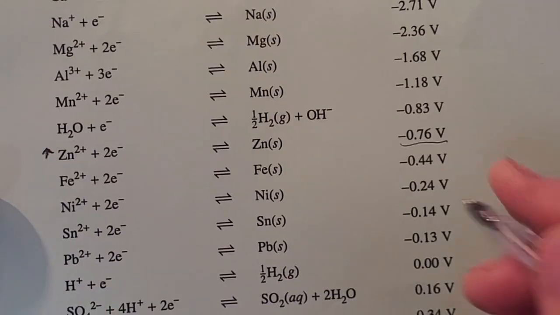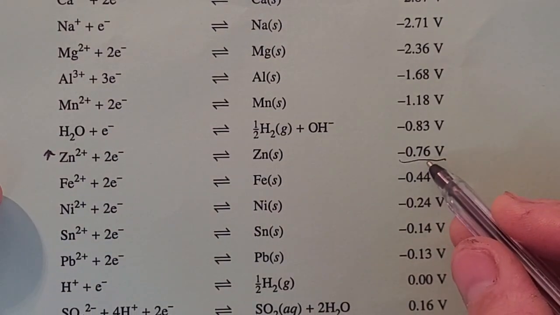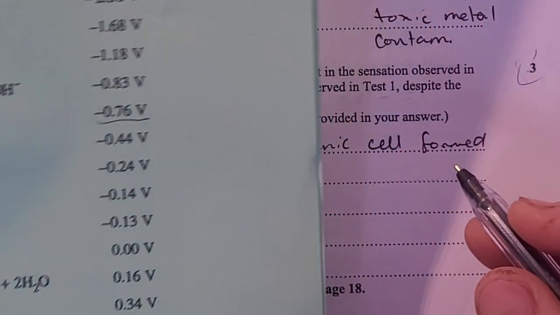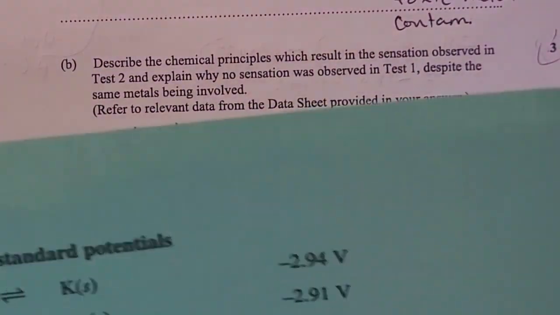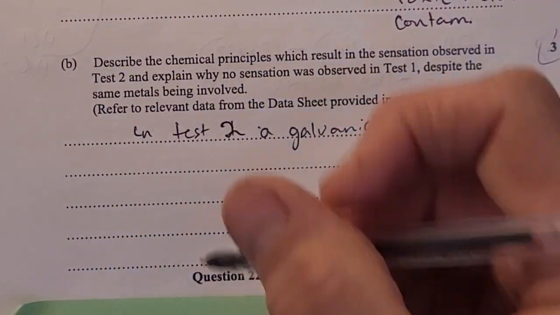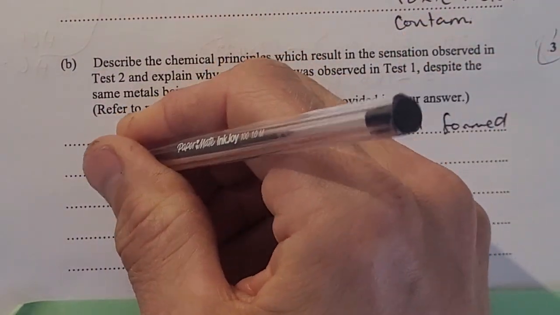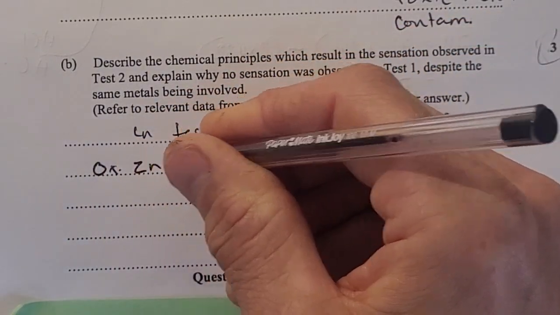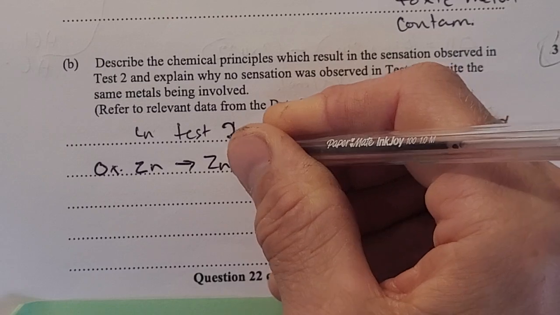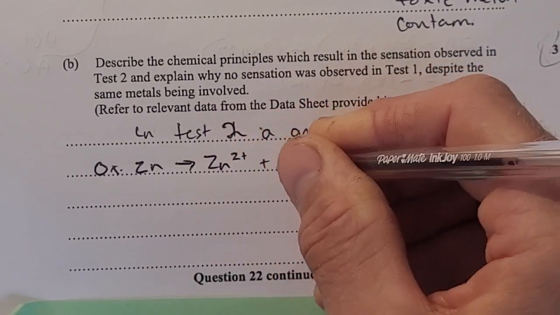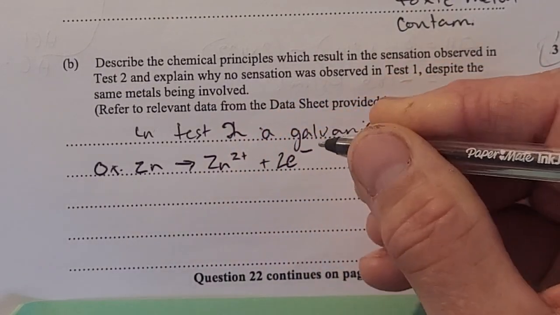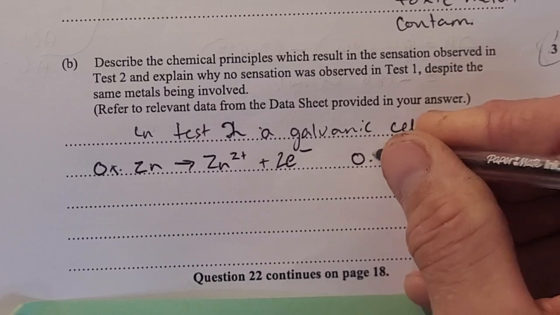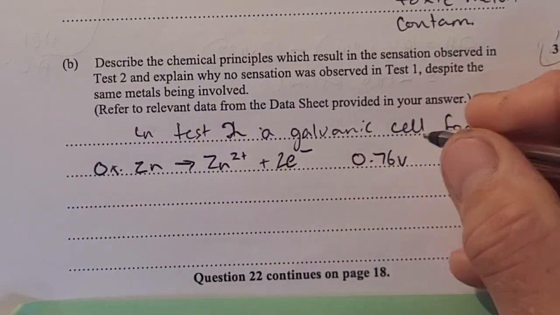Okay, so the voltage has to be positive, so zinc's going to oxidize. So you could write that out. Oxidation of zinc: Zn gives Zn2+ plus 2e-. The voltage would be 0.76 volts.